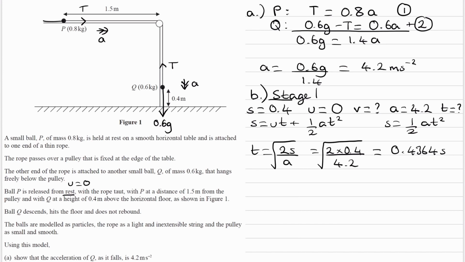And now we work out what v is, the final speed for stage 1. We can use a few equations. We can use v is equal to u plus at, or v squared is u squared plus 2as. I'm going to use v squared is u squared plus 2as.